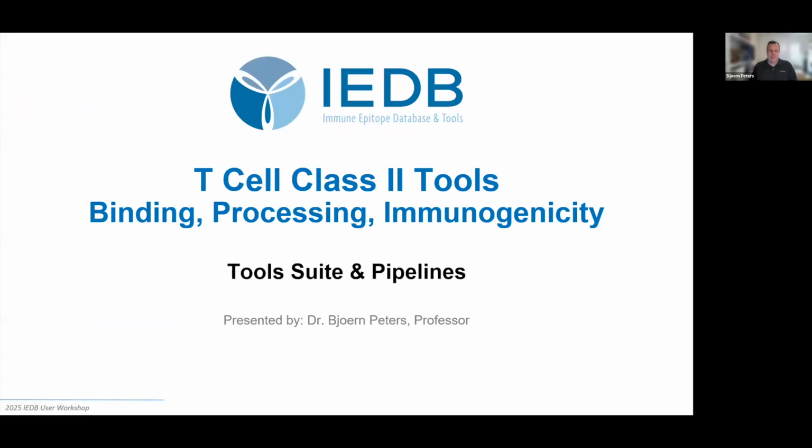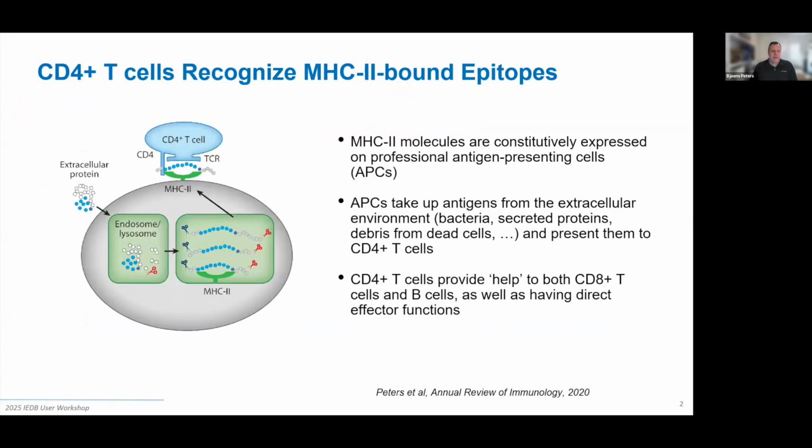So T cell class 2. The difference of class 2 versus class 1 is primarily that MHC class 2 molecules are not present on all cells, but on professional antigen presenting cells and actually many normal cells when they get immune activated through inflammatory signals can express MHC class 2.